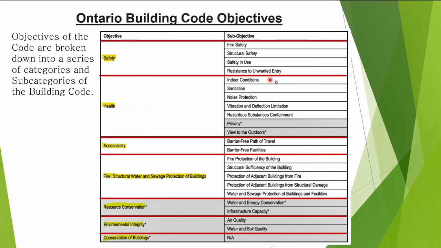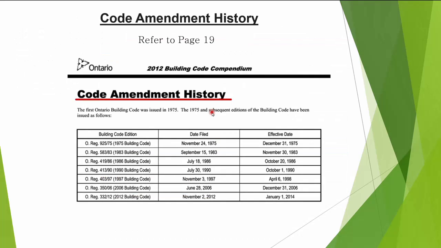Health has all of these listed here, so indoor conditions, noise protection, etc. Accessibility falls under objectives and has two sub-objectives, and that's barrier-free path of travel and barrier-free facilities. I hope you get the understanding of how this table projects itself.